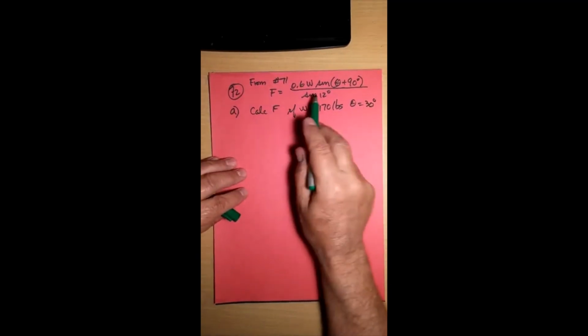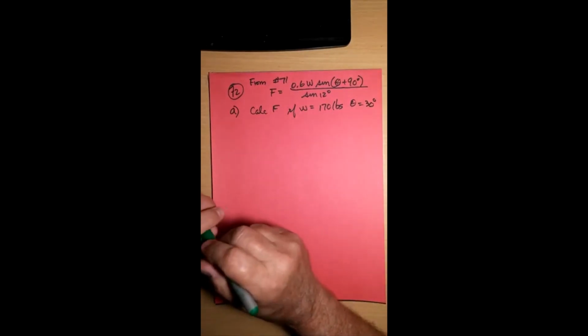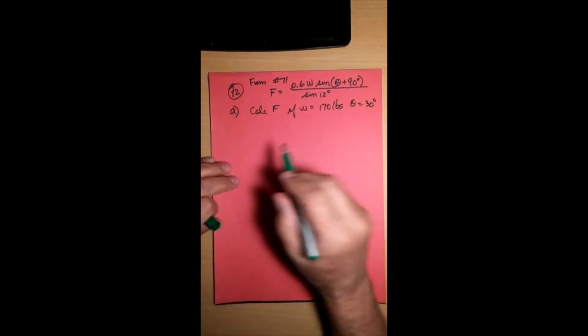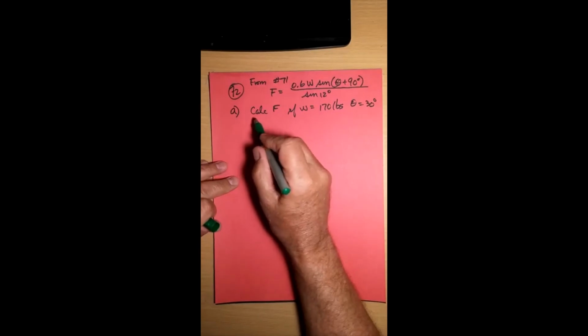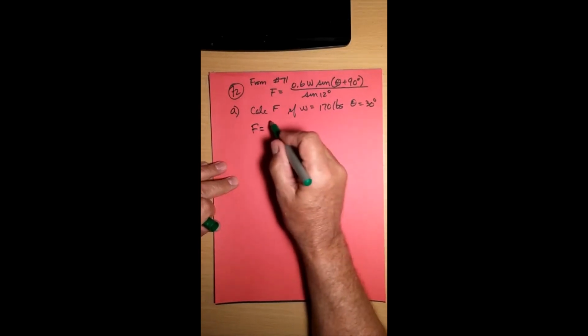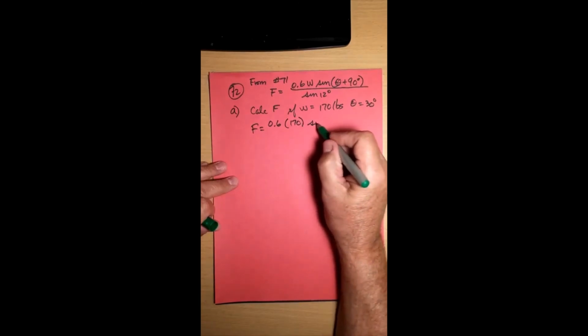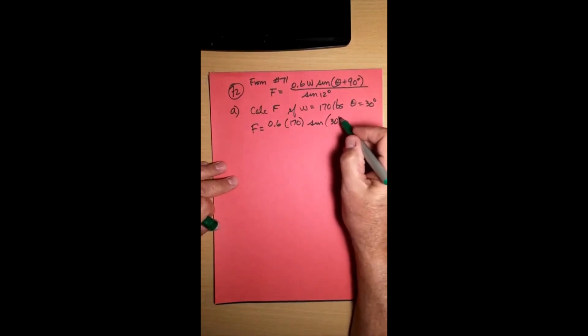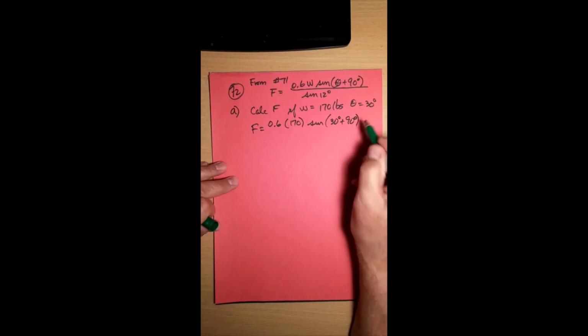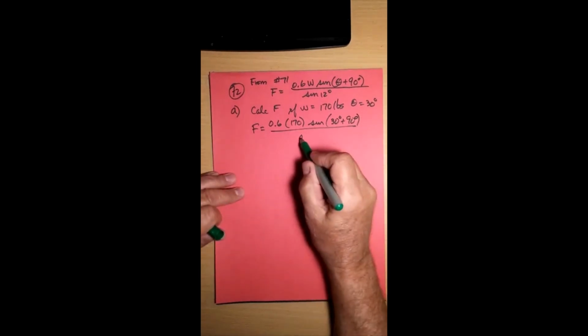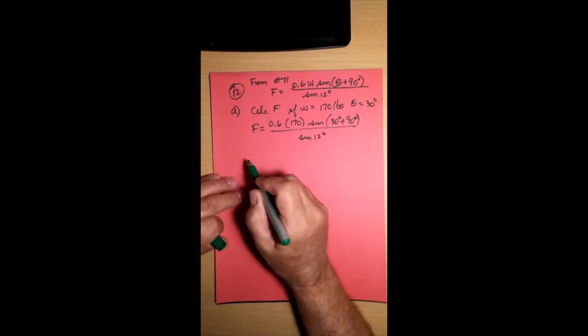So the force that is used to pick that up. So plug that in: 0.6 times 170, the sine of 30 degrees plus 90 degrees over the sine of 12 degrees.